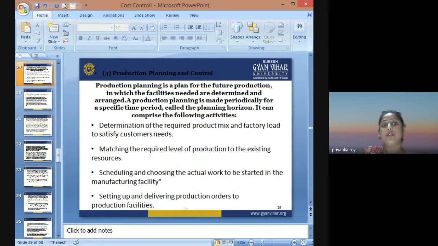It can comprise the following activities: determination of required product mix and factory load to satisfy the customer needs, then matching the required level of production to the existing resources, scheduling and choosing the actual work to be started in the manufacturing facility, and setting up the delivery and production orders to produce facilities.